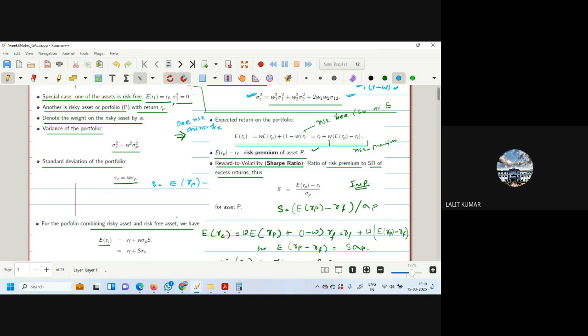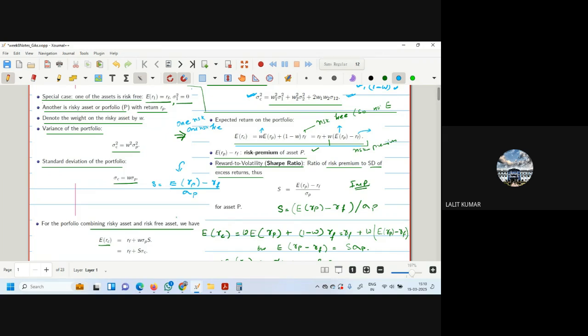RF is the risk-free element, RP is the risky asset, and W is the risky weightage, and 1 minus W is the risk-free weightage. Sharpe ratio is nothing but the expected return from the risky asset minus risk-free, divided by the standard deviation of the portfolio.